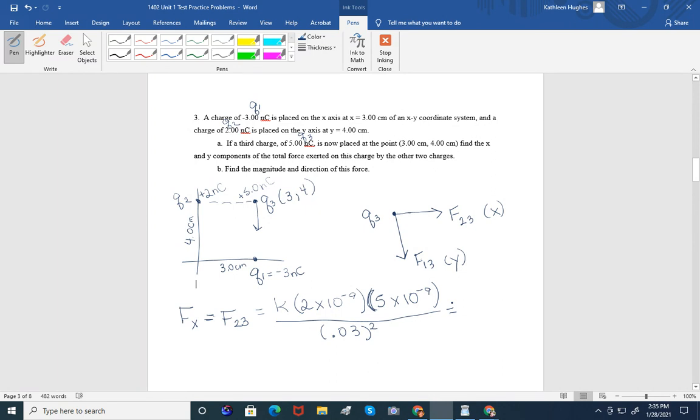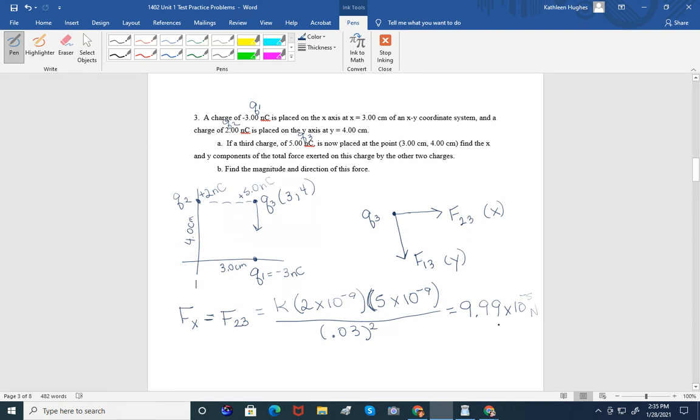So be careful if we have to change centimeters to meters. Like I said, I've already stored K, so I'm not going to write the 8.99 times 10 to the 9th, but that's important. And when I put all of this into my calculator, this came out to be 9.99 times 10 to the negative 5 newtons.